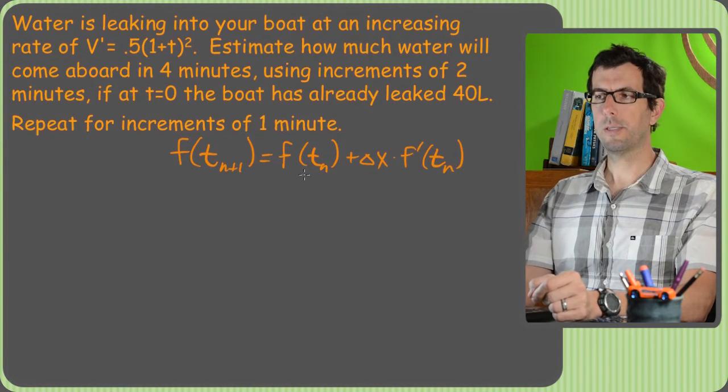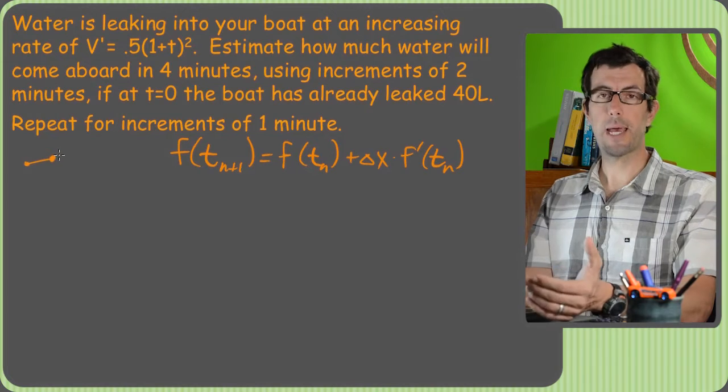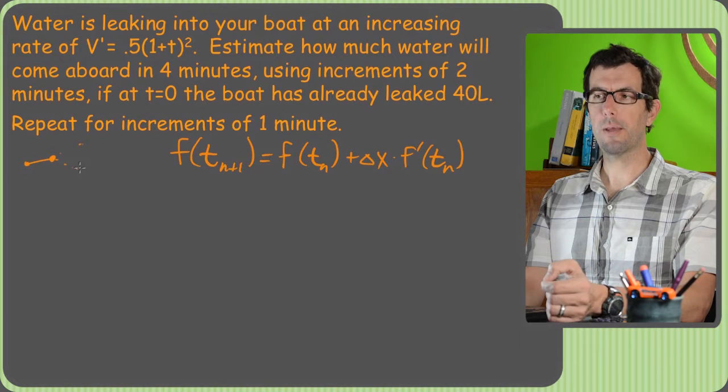Each time we get to a point, so if I start here and then I go to here, at that point I have to recalculate things, right? So what's my next y value going to be? If I go this way or this way, whichever direction I'm going, my next y value is going to be the previous y value.